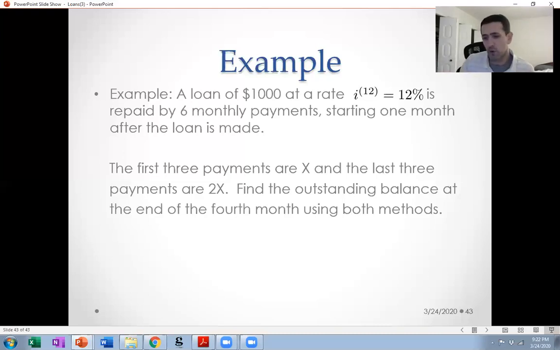On the other hand, if you're looking for OBT closer to the loan start, and you have the original loan value, then the retrospective method is quicker, because there are not too many time periods between t and the loan beginning, so there are not too many payments you have to deal with. But I'm asking you to do both. In particular, let's make sure that they give us the same answer, as they better do, obviously.